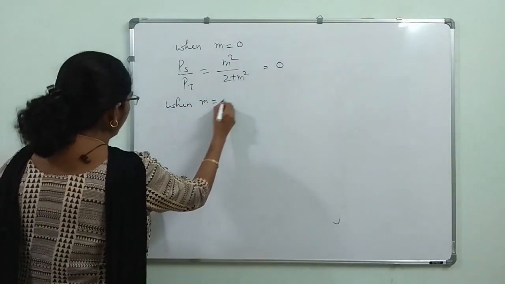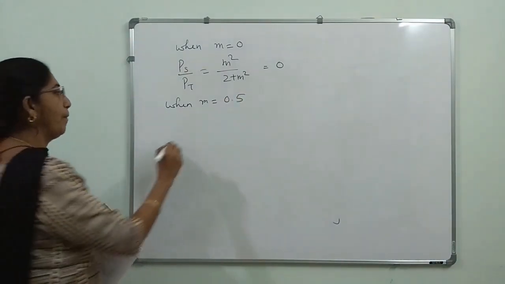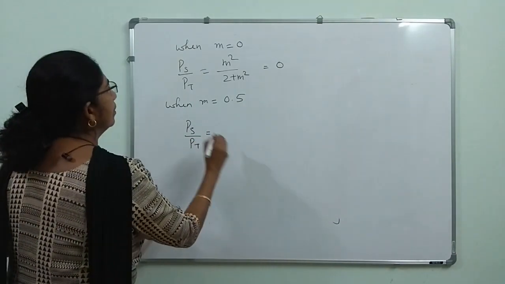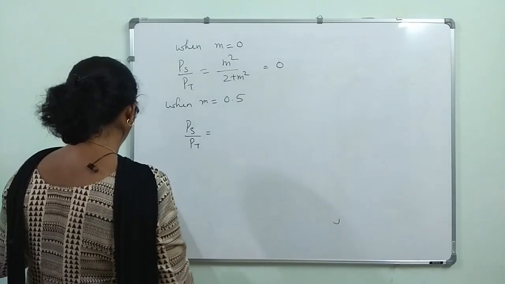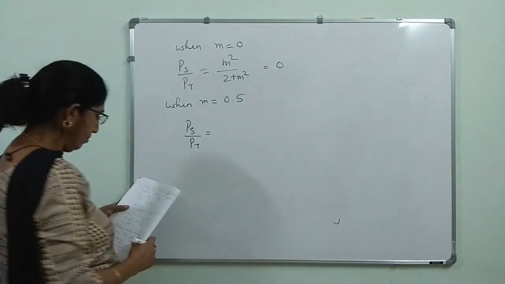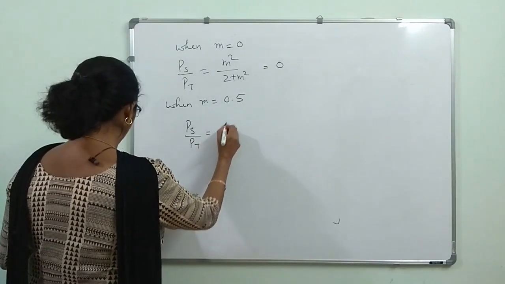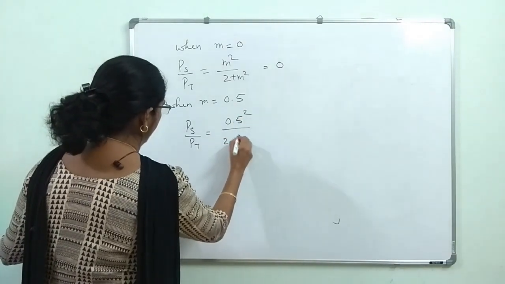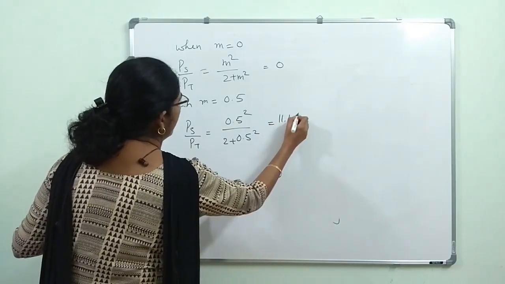When M equal to 0.5, what will be the value? Substitute and see. PS by PT is equal to this, you will get it as 11.1%.